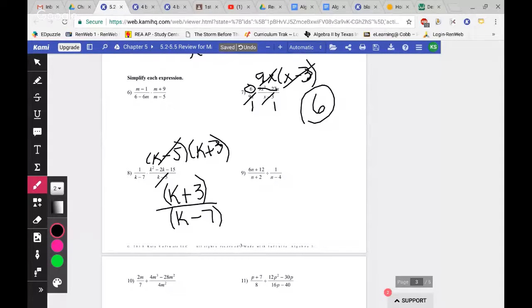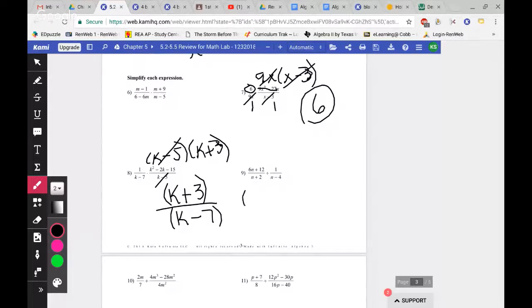Good. All right. So now for number 9, it's division. So you have to keep the first rational expression, and you want to flip the second. Some people, when they're doing this, will do factoring at the same time, but I caution you about taking too many steps at once.